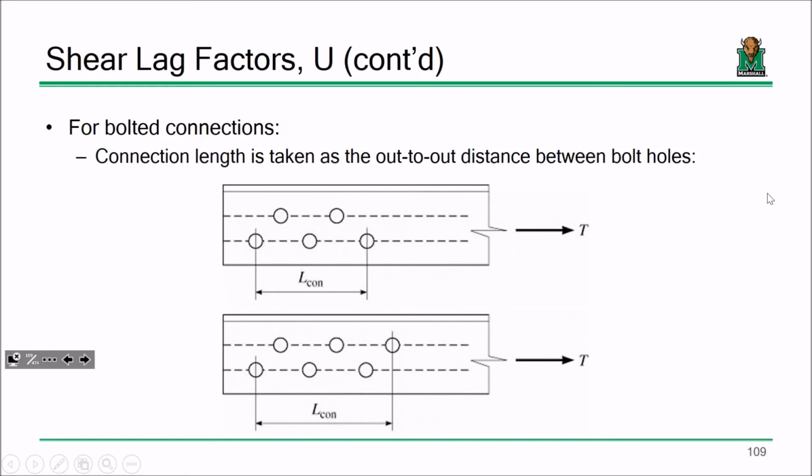Yes, sir. Can shear lag factors be negative? No. L's always going to be larger than x bar. The centroids that we're talking about are tiny. We're talking about 1 to 2 inches. You will never have a negative shear lag factor.